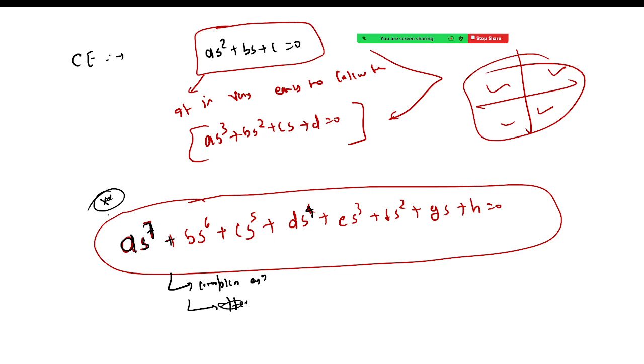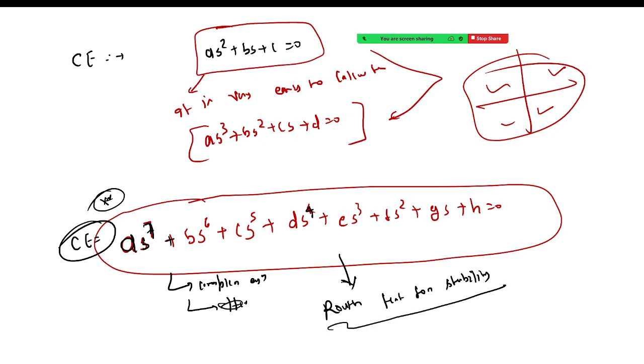So to analyze, if the characteristic equation is like that, right? So we will use the Routh test. We will be using the Routh criteria, or Routh test, for the stability analysis of the system, right? So what I was telling, the Routh test is here.